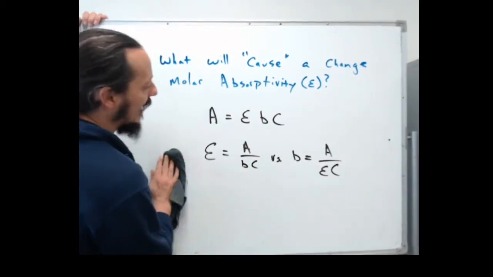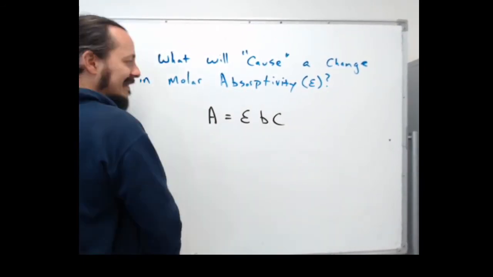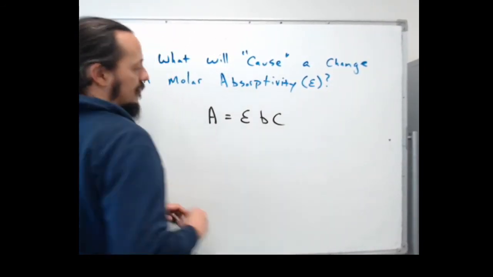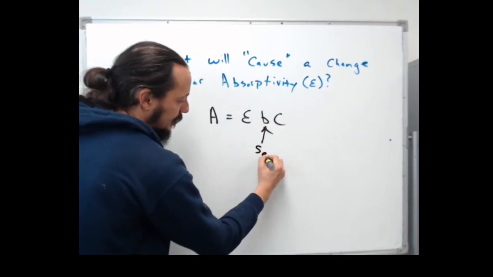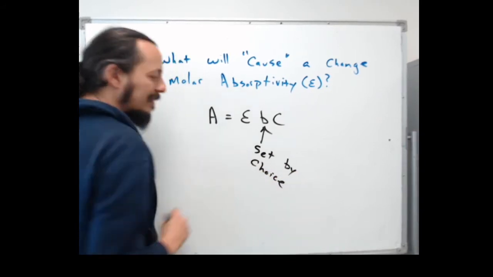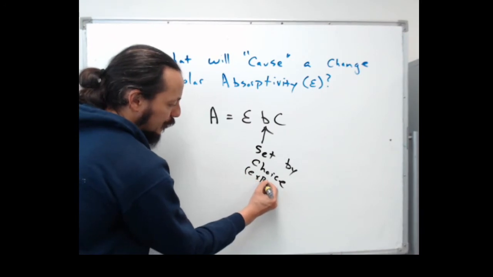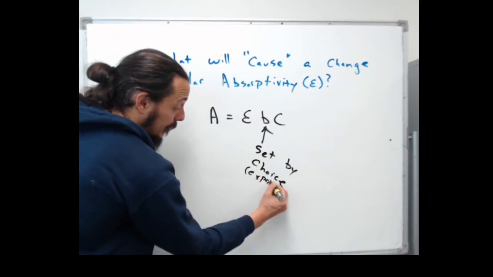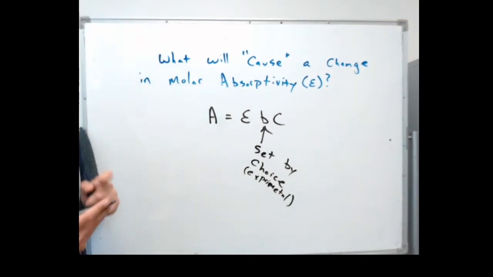So when we go back and look at Beer's law correctly, we can see that this B, that path length, was essentially a choice we made, an experimental choice.